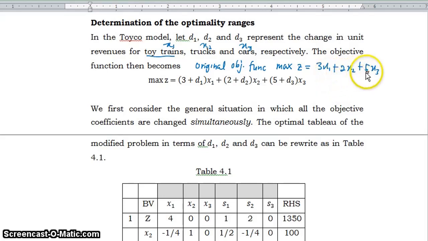When changes are made to the revenues, the objective function becomes maximize z equals (3 plus d1)x1 plus (2 plus d2)x2 plus (5 plus d3)x3. So this is the new objective function.